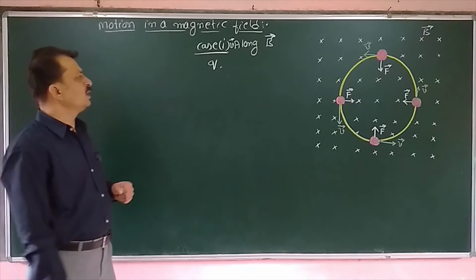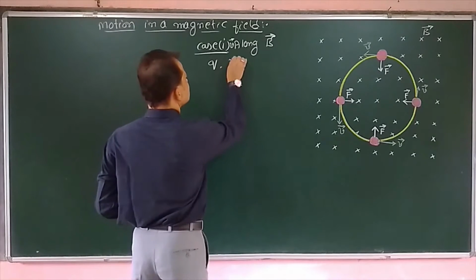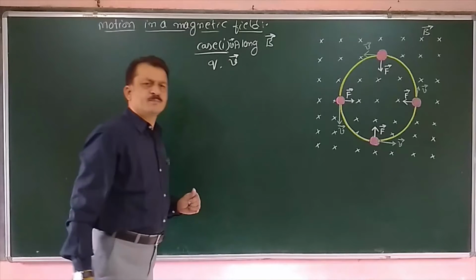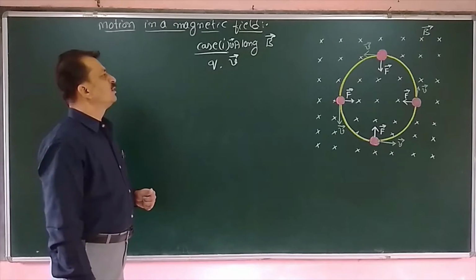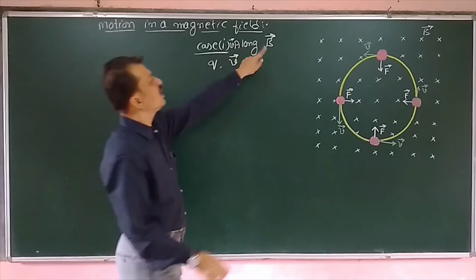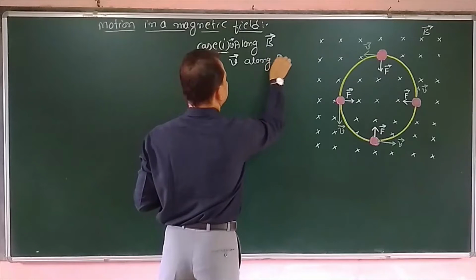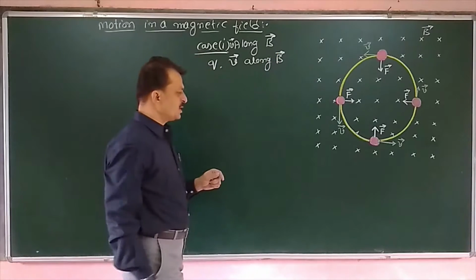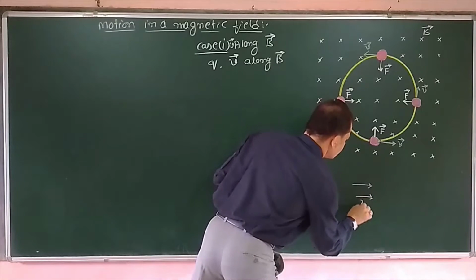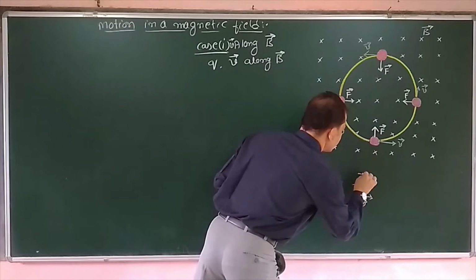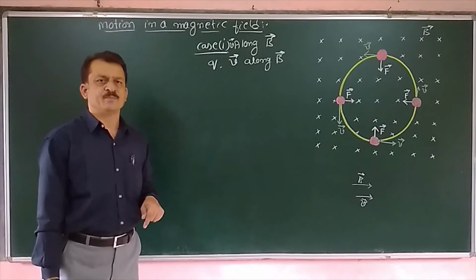We have a charged particle whose charge is Q and it is moving with a velocity vector V, of magnitude V. Now it is moving along the field direction. That means the velocity and the field direction are the same, they are parallel.